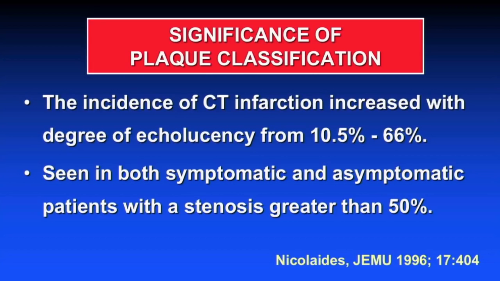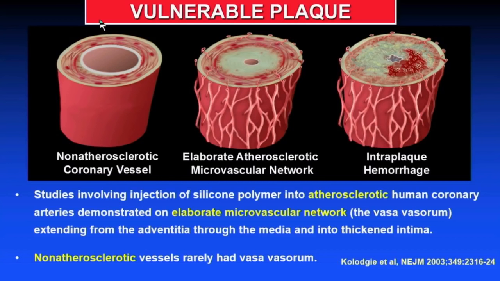And he found that if it was homogeneous plaque, or type 4 of the international system, the incidence of CT infarction, as evident on CT, is 10.5%. If it was type 1 or heterogeneous plaque, the incidence of CT infarction is 65%, 66%. Significant difference, an independent risk factor.